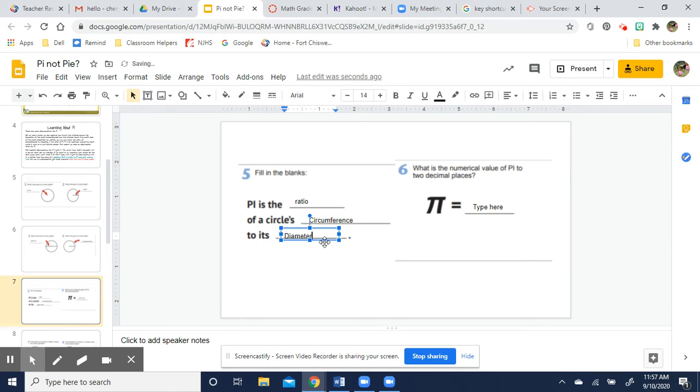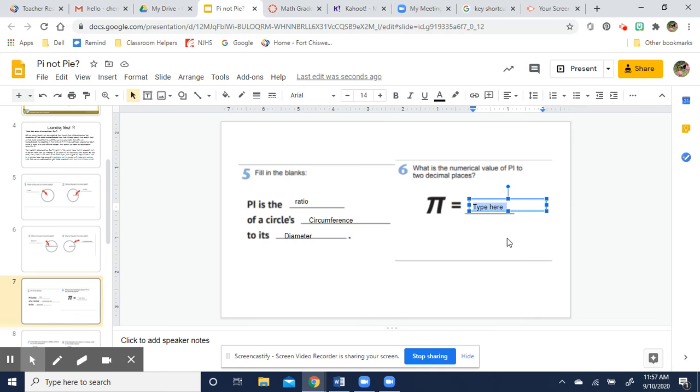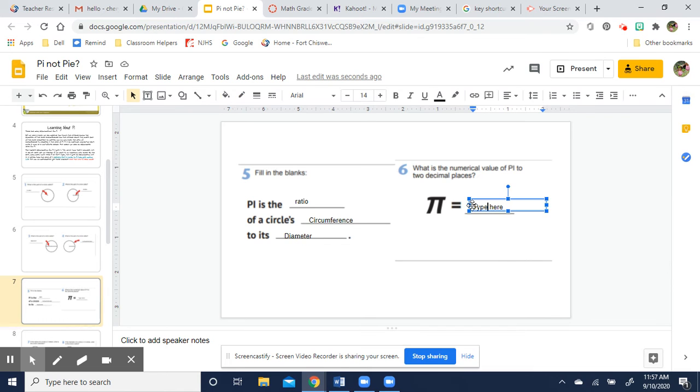And number 6, what is the numerical value of pi to 2 decimal places? Well, the numerical value of pi to 2 decimal places is 3.14, or 3 and 14 hundredths.